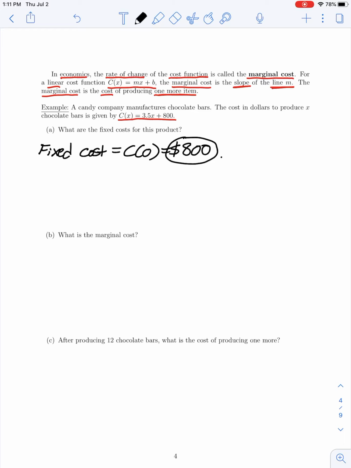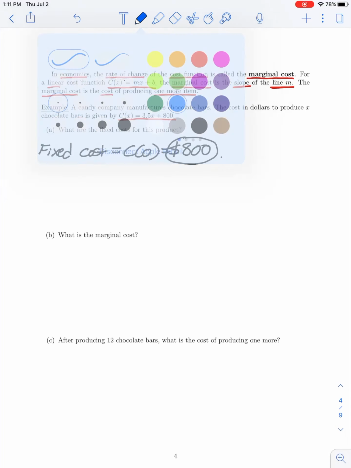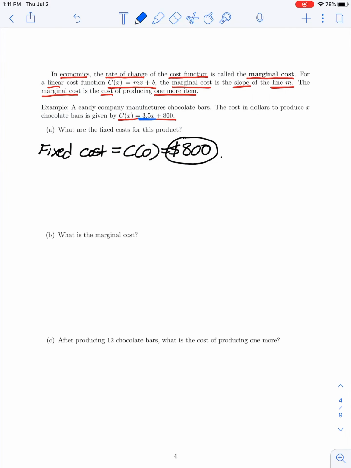Now in part B, we ask what is the marginal cost. So recall marginal cost here is the slope of our linear cost function, which in this example is 3.5. So our marginal cost is given by the slope m, which would be $3.50.